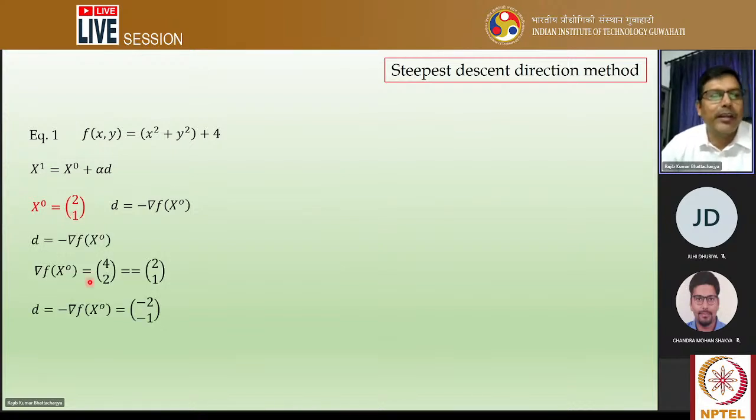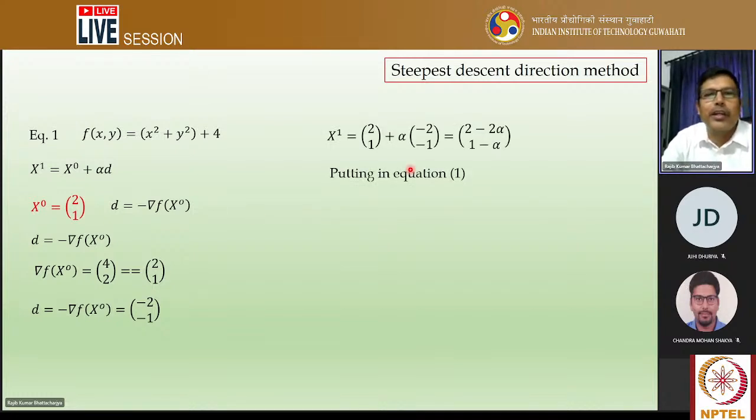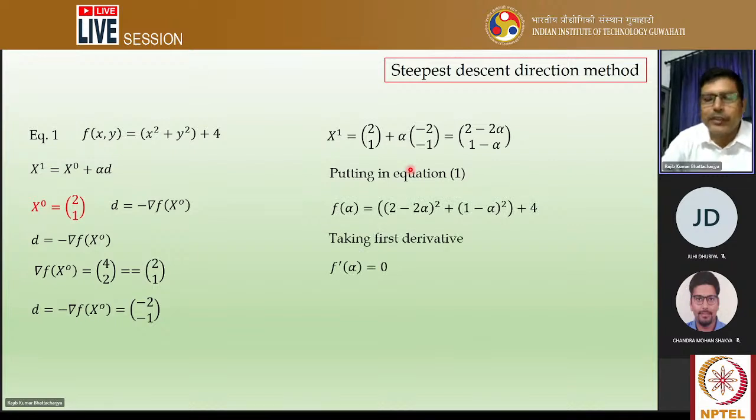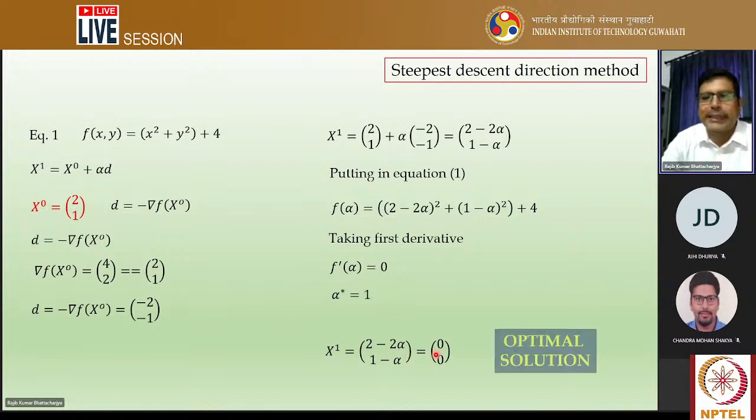If I calculate the gradient, this is (4, 2), and this direction I can also write as (2, 1). Finally the direction, the negative of the gradient, is (-2, -1). Then if I put it in the equation and solve it, the optimal value of alpha is 1. Then if I put it in, again I get the same solution.